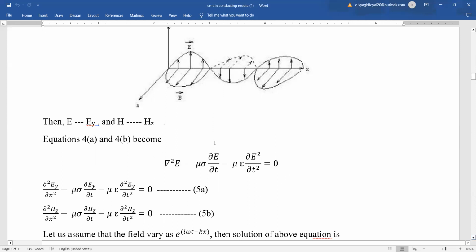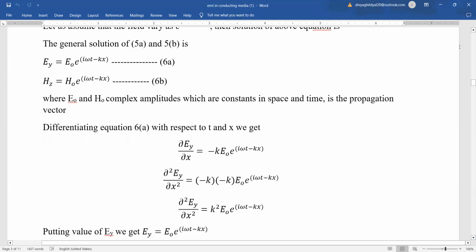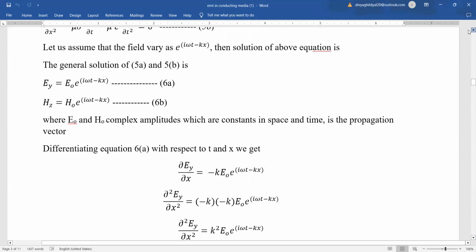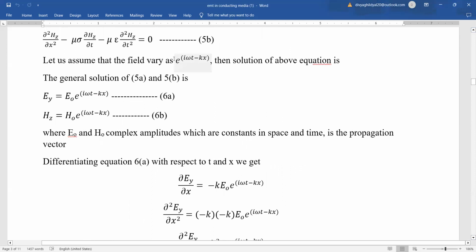Using this expression which we just derived, del 2E minus mu sigma del E by del T minus mu epsilon del 2E by del T2 is equal to 0. Now, in this equation, we will assume that the varying fields are in exponential form, E equal to e to the power i omega t minus kx.